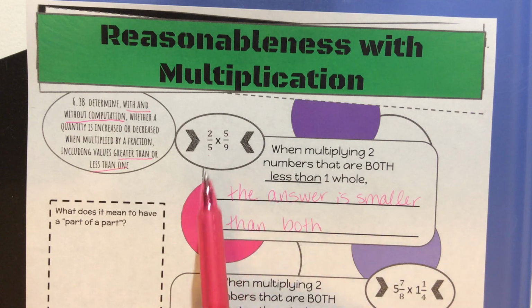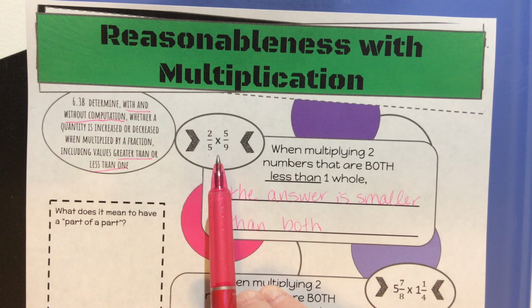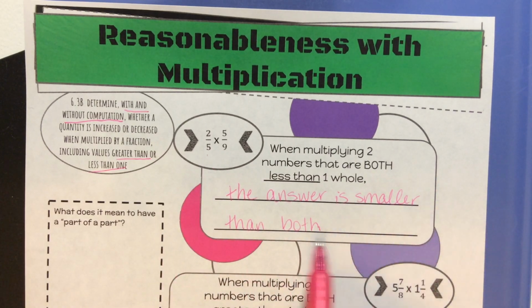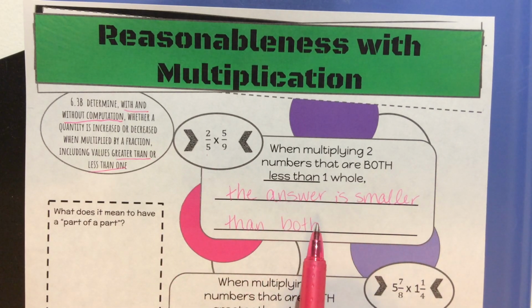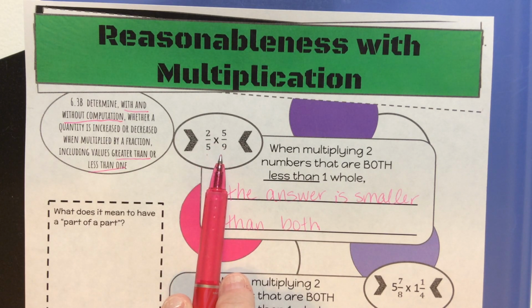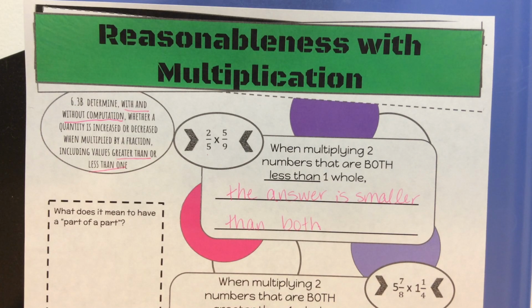And the answer choices might say the answer is less than both of them. The answer is greater than both of them. The answer is greater than 2/5. The answer is less than 2/5. Now, sometimes it's not worded to say it's smaller than both. It would say the answer is less than 2/5. Well, if you think about it, 2/5 is less than 5/9 anyway. So anything that's less than 2/5 would be less than both of them anyway. Okay? So don't let that trick you.